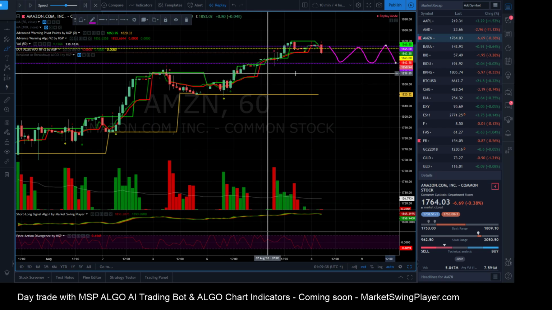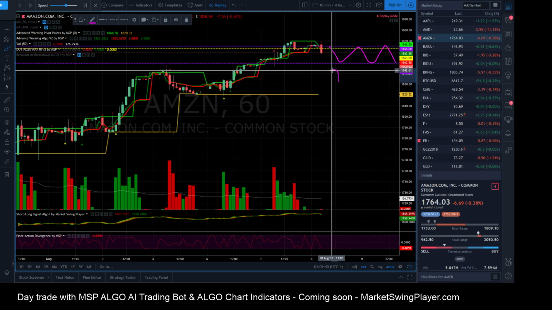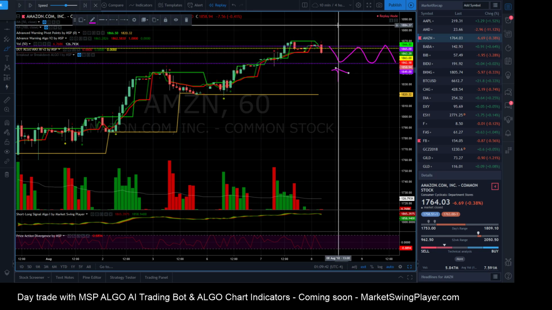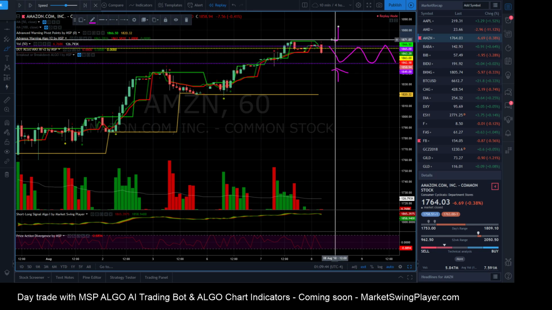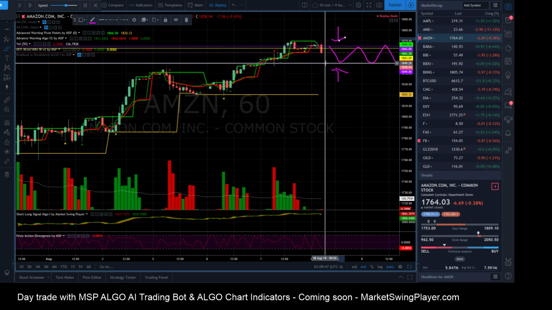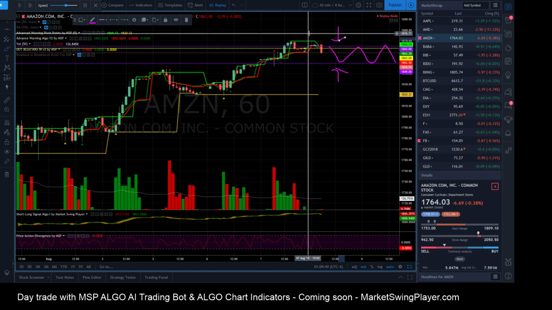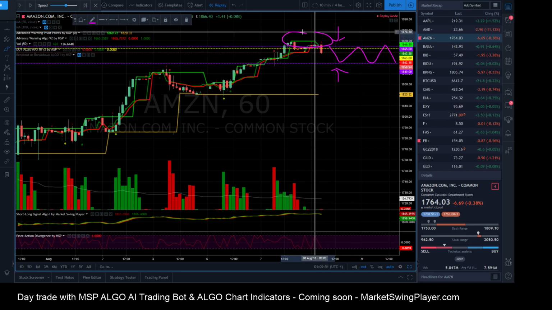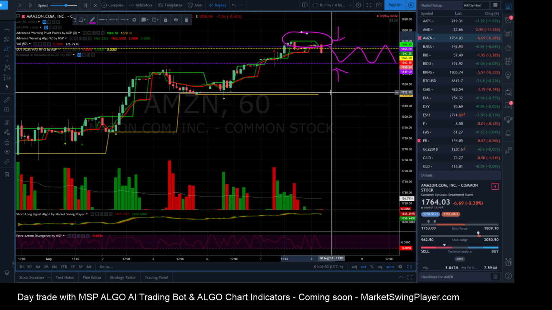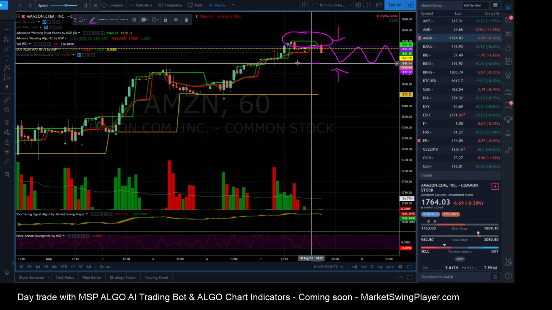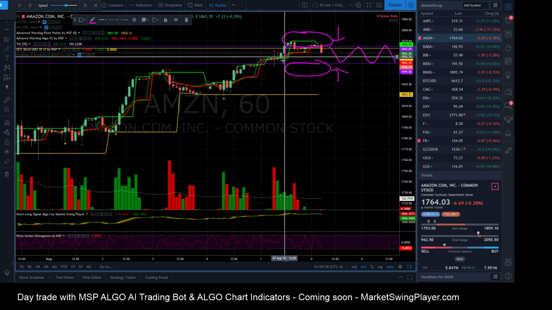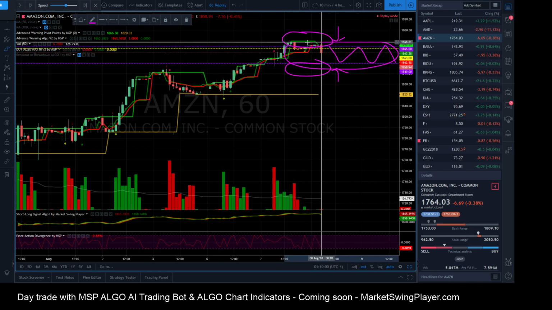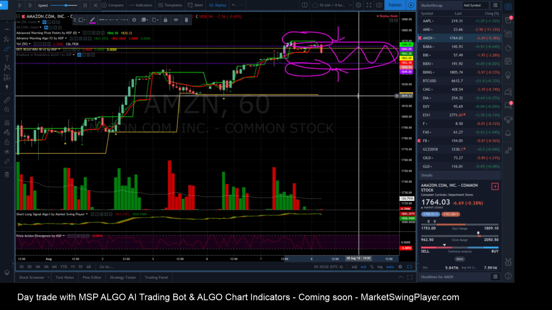We could go long and short. Of course, there can be extremes above and below, but this is the main area that we think price action will hang out today.